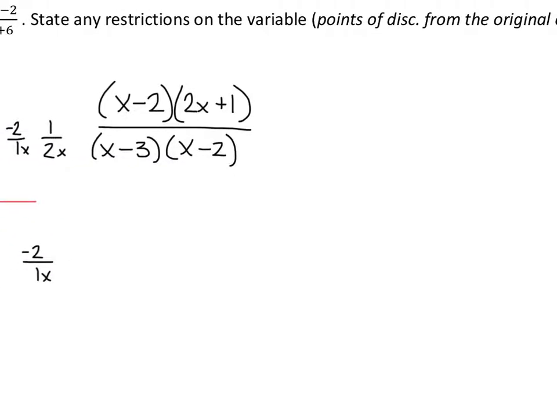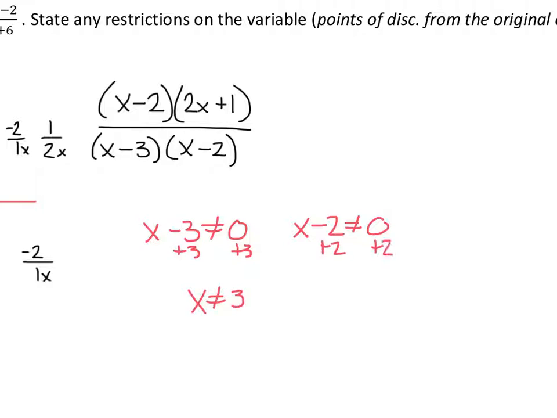All right, if you want to, you can go ahead and do the restrictions on the variable here before you start marking stuff out. So that would be that x minus 3 can't equal 0, x minus 2 can't equal 0. So x can't equal positive 3, and x can't equal positive 2.